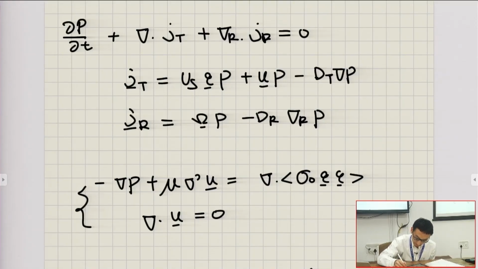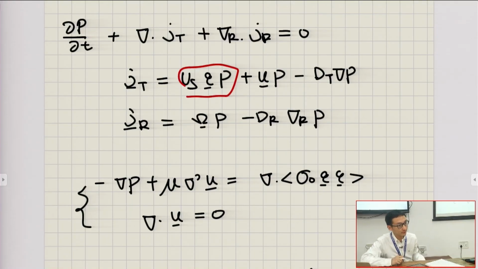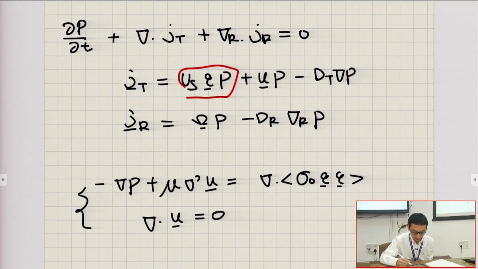Wait. Sorry, what's happened here? You still have the swimming motion in the probability distribution. So this term has been added from outside. When it was passive, this term was zero.